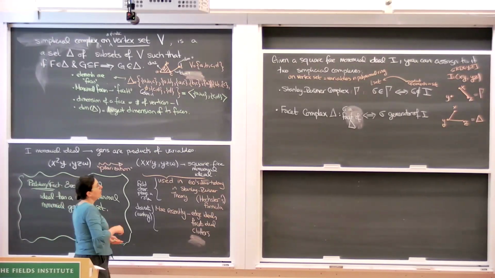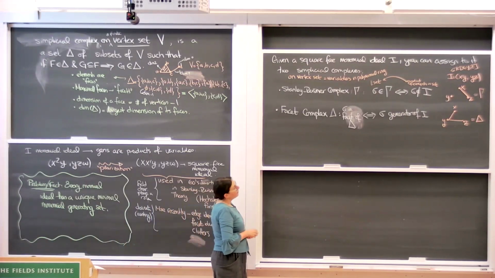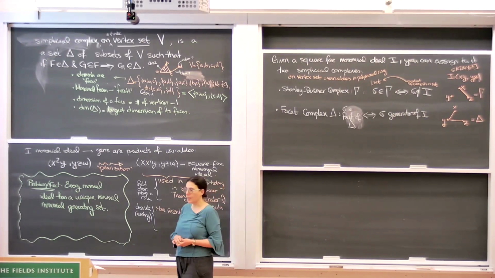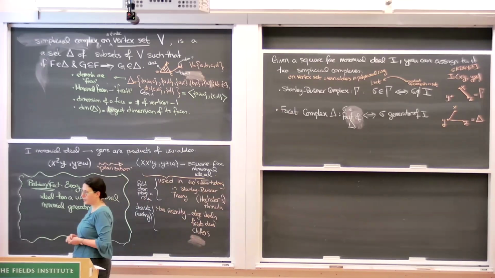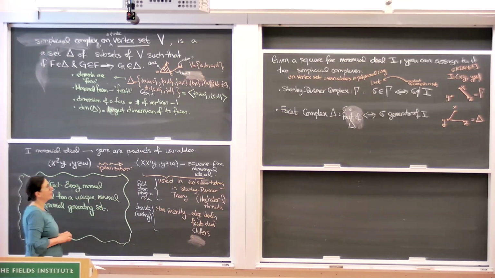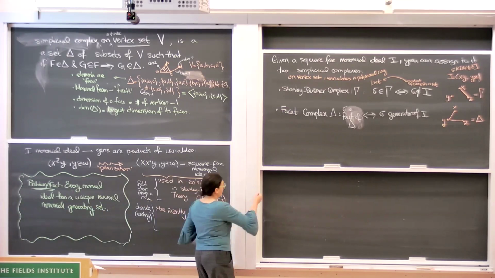Okay, so if you start with a simplicial complex, from it you can make something called its cover complex. The cover complex has facets that are minimal vertex covers of your simplicial complex.